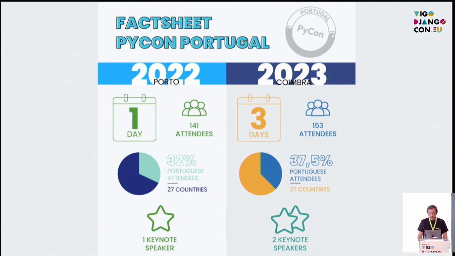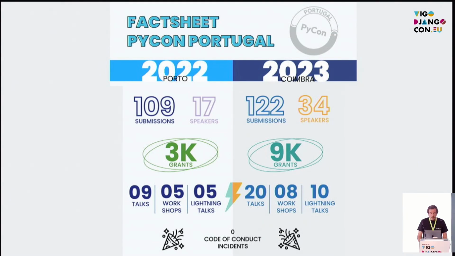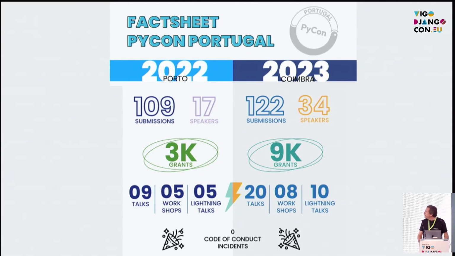Last year we had 37% of Portuguese attendees and a huge group of foreign attendees. From the first to the second PyCon Portugal, we increased from 1 day to 3 days, and we got many more submissions, speakers, keynotes, and grants. We tripled the money in grants.